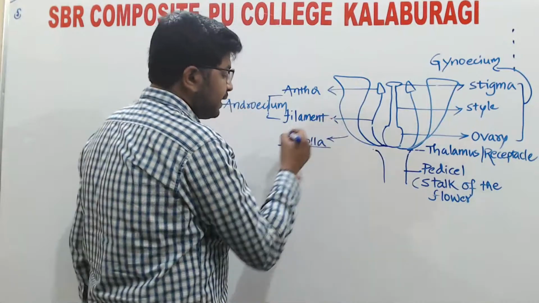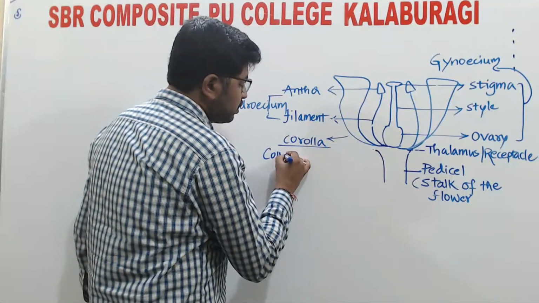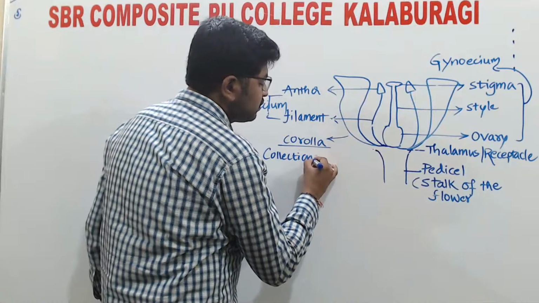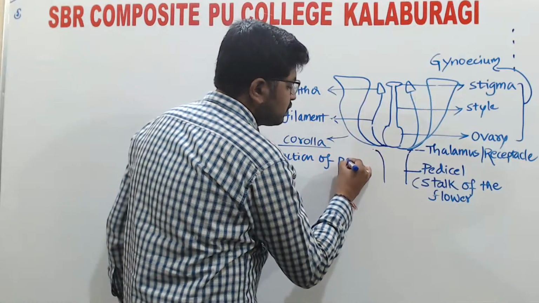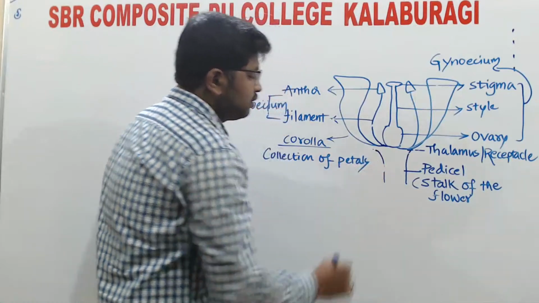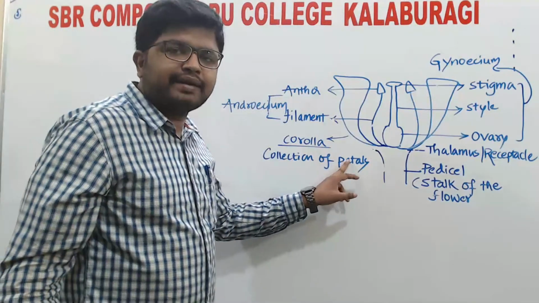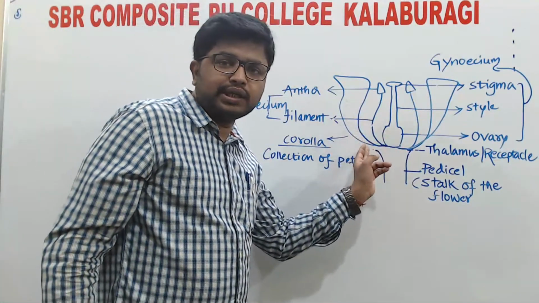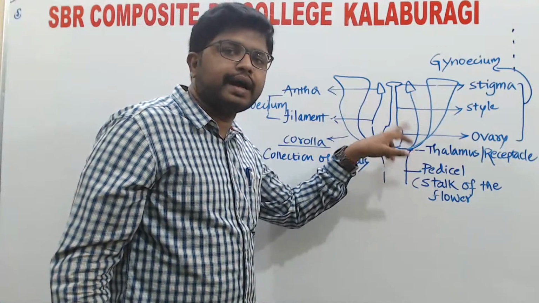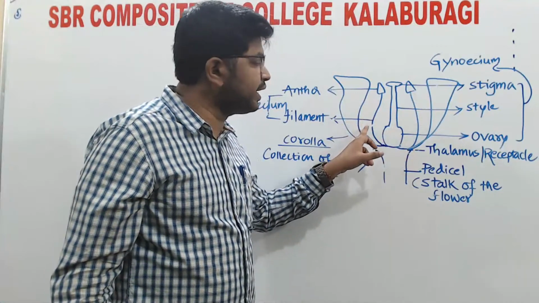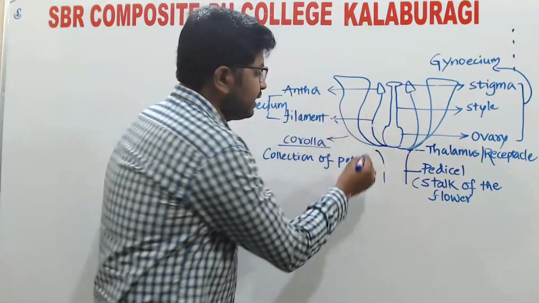Collection of petals, we call the corolla. Petals are the bright colored structures present next to the androecium, in between the androecium and the calyx.